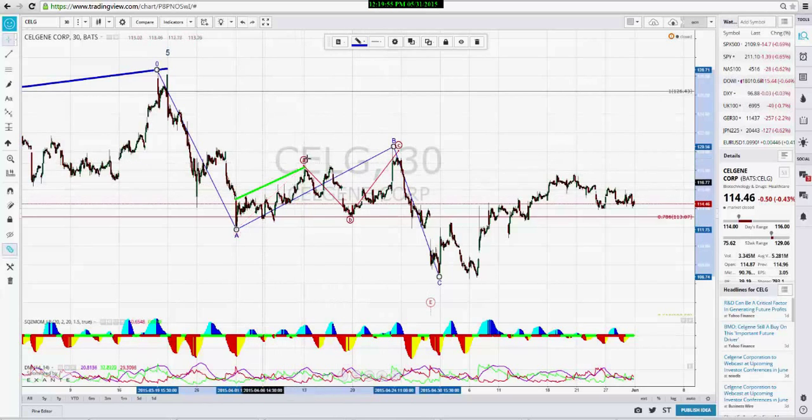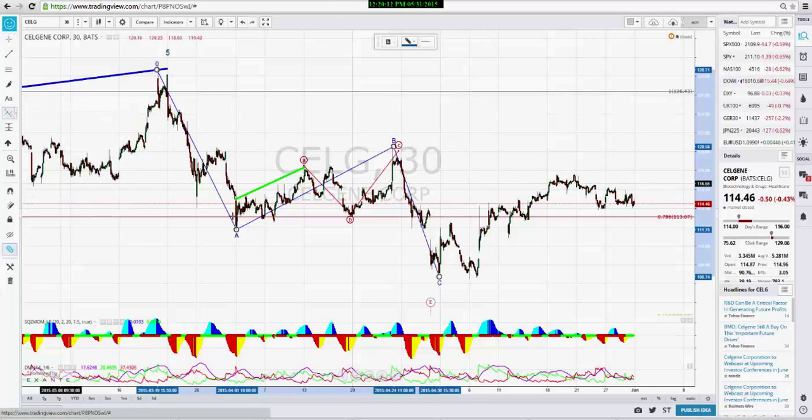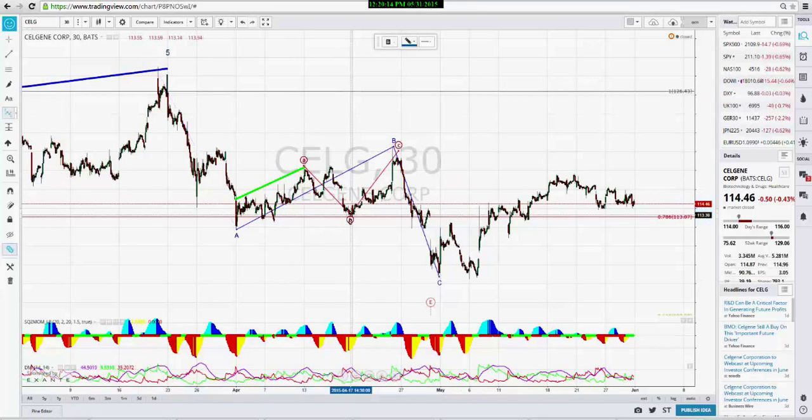And the first wave of that third wave is A here, and then B is three waves again. And then C is five waves, and this is a five wave. This is 1, 2, 3, 4, 5. Okay. If you want, I can even label that for you. Okay, so we got 1, 2, 3, 4, 5.